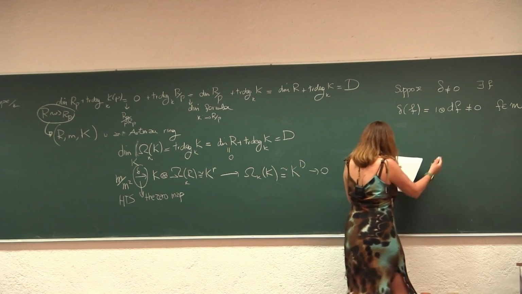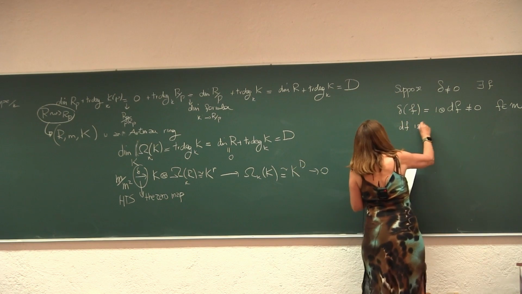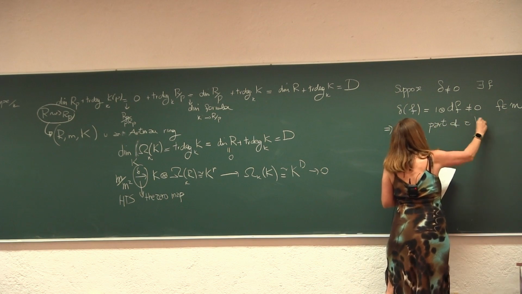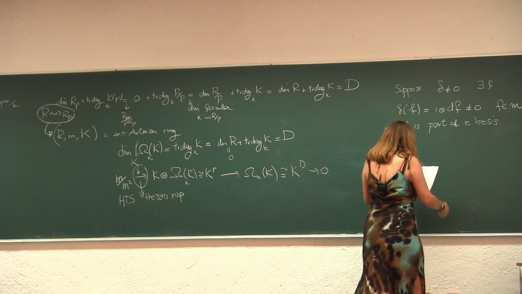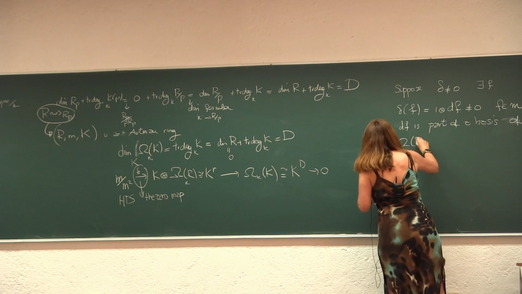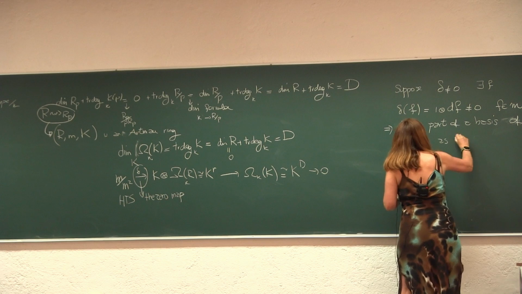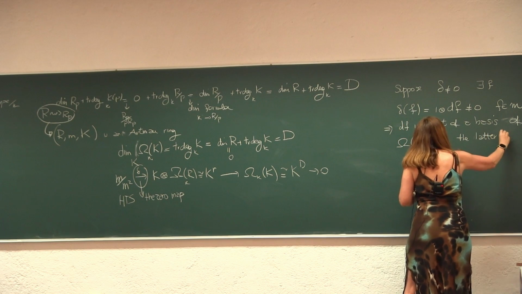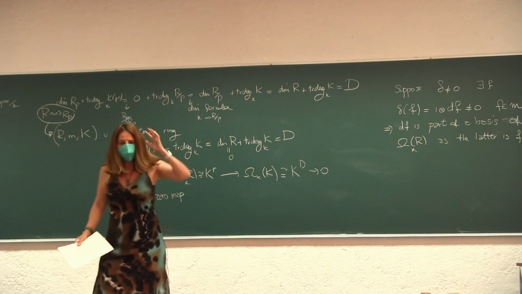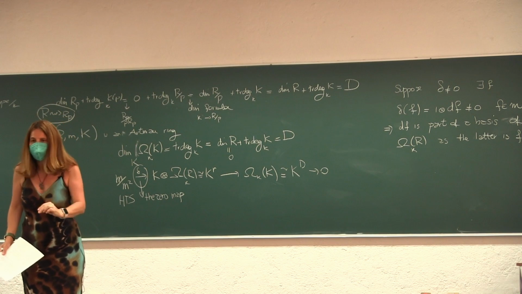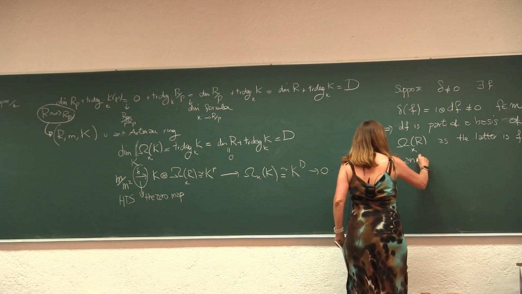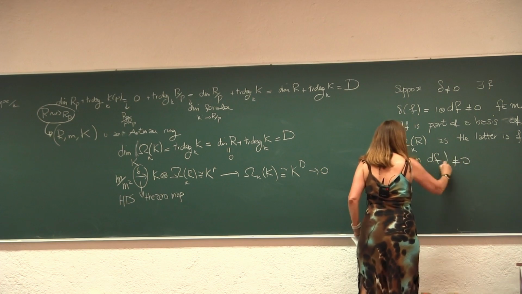Okay? So the f is part of a basis, because it's non-zero, as the latter is free. Okay? So if it's part of a basis, its annihilator must be different from 0. Okay? So the annihilator of the df must be different from 0.